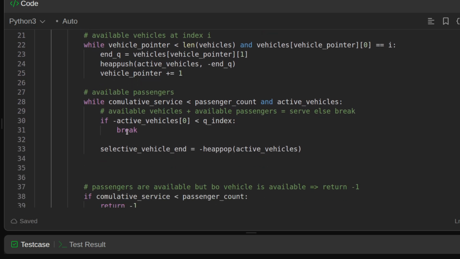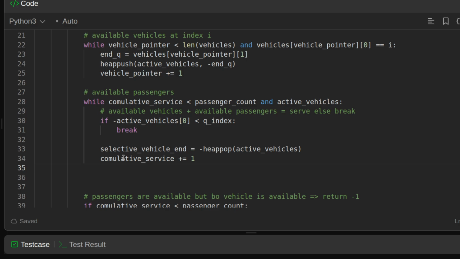This line means we have released the captain, or we have assigned the captain to the passenger, and once we have assigned the captain to the passenger, we will say that yes, I have provided the service. And then we will say service plus 1.